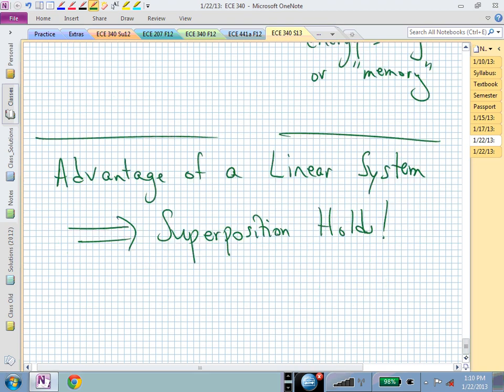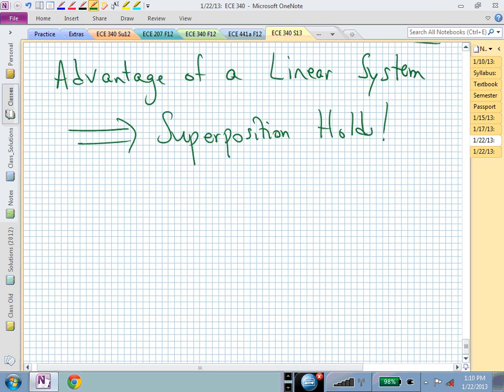Let's now look at what that means in a more descriptive way. Suppose that I have a system and I'm going to apply x sub 1 of t as an input to that system.